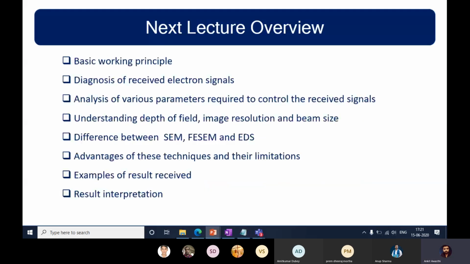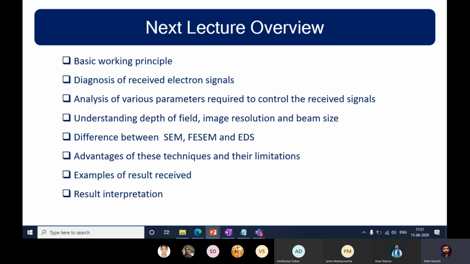So in the next lecture, we will focus on SEM and EDS. We will try to understand the basic working principle, and how we diagnose the received electron signals. Means if we bombard the sample with electrons, what analysis can we perform, and what are the parameters to control that electron signal.